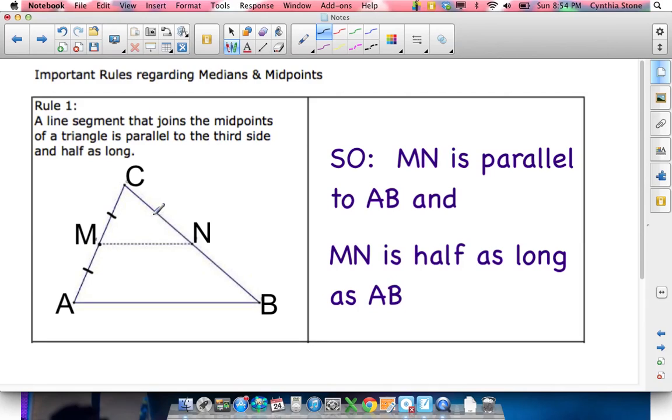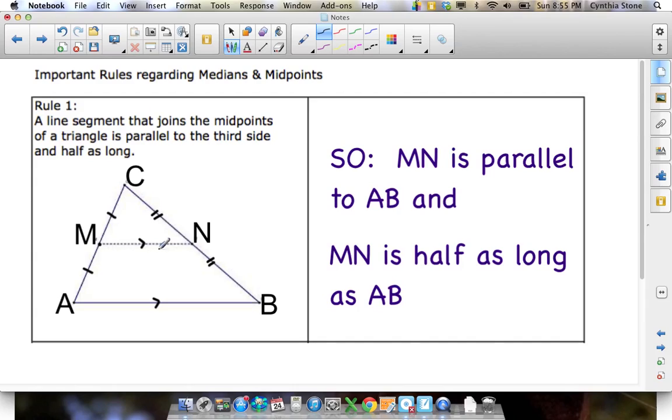And similarly, I have two hash marks from here to here: CN is the same length as NB. So MN is breaking this line segment in half and this line segment in half. The thing that I know then is that MN is parallel to AB, and it's exactly half the length. So if AB was 20 centimeters, MN would be 10 centimeters.